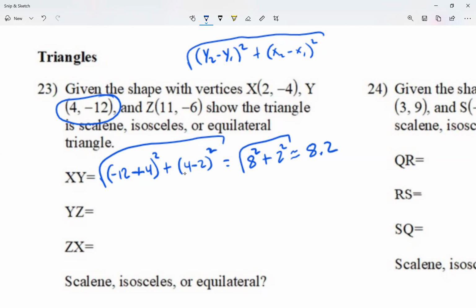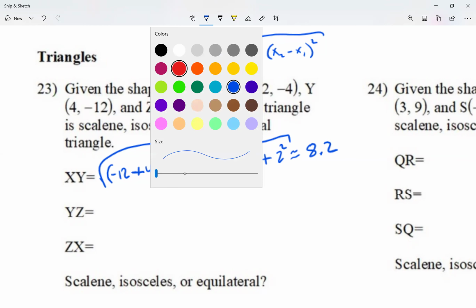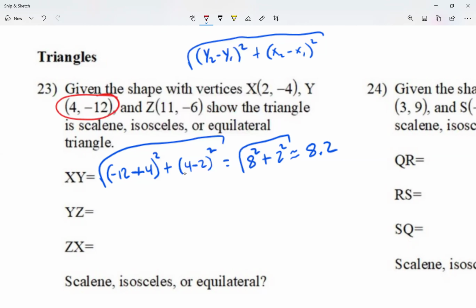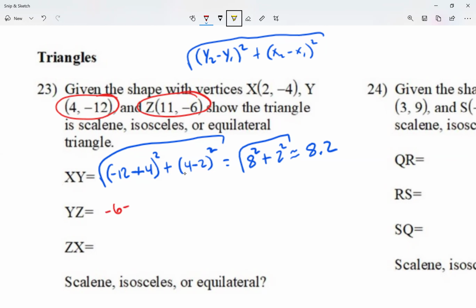So I'm going to erase this up here. I'm just looking for the segment YZ. I'm looking at the point Y and the point Z. For my first parentheses, I have to subtract the Y's: negative 6 minus a negative 12, squared.